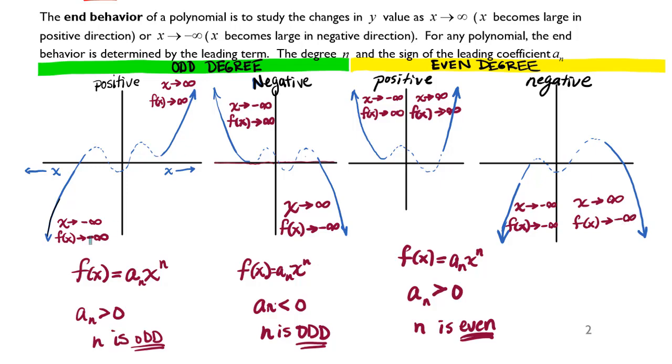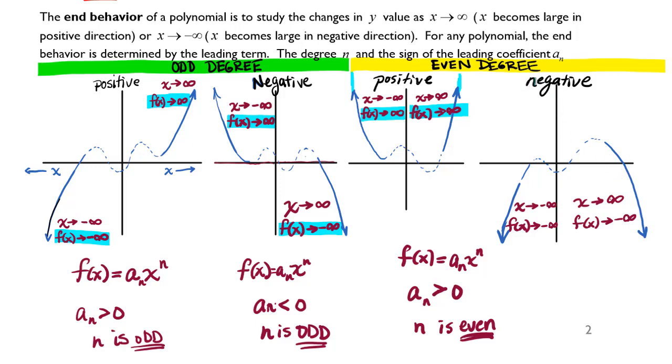You can think of all the f of x's approaching something as your y values. And I'm emphasizing this because I know how weird this can look the first time you see this notation. Notice that f of x approaches positive infinity. It moves upward on both sides for positive even degree polynomials.